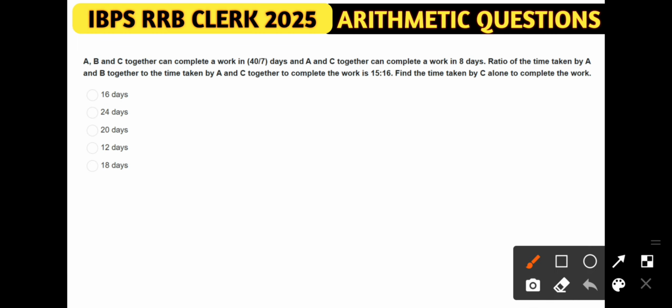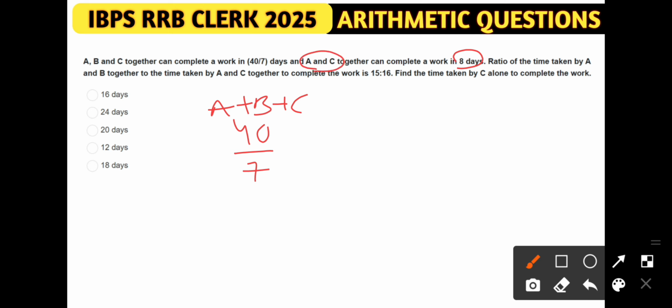Now let's see this question. A, B, C together can complete a work in 40 by 7 days. So A plus B plus C, the work will be completed in 40 by 7 days. A and C together can complete the work in 8 days. The ratio of the time taken by A and B together to the time taken by A and C together to complete the work is 15:16.